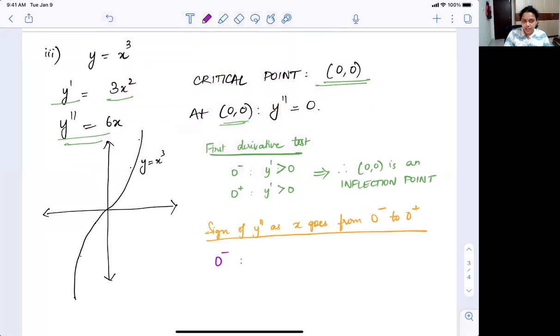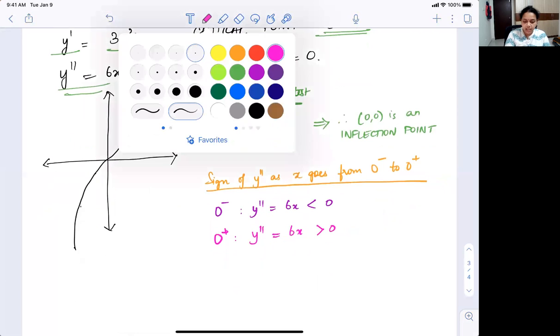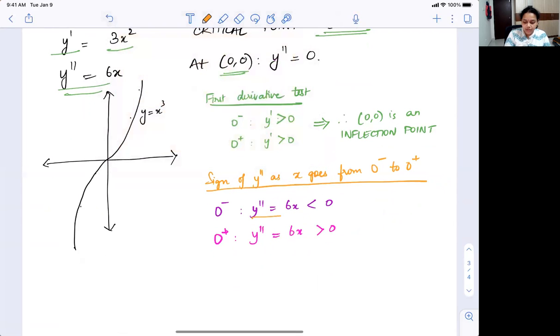When you're to the left of 0, y double prime as 6x is actually less than 0. When you're to the right of 0, y double prime, which is 6x, is now actually positive. Now you see how y double prime is actually changing its direction from less than 0 to greater than 0.